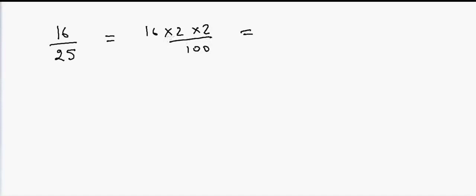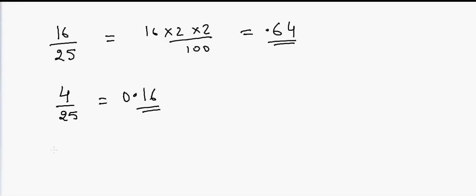So here double of 16 is 32, and then 32 double is 64, so the answer is 0.64. Again, if I have 4 divided by 25, so that will be equal to 4 into double of 4 is 8 and double of 8 is 16.